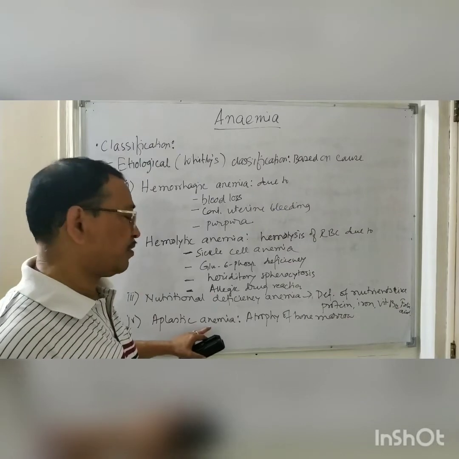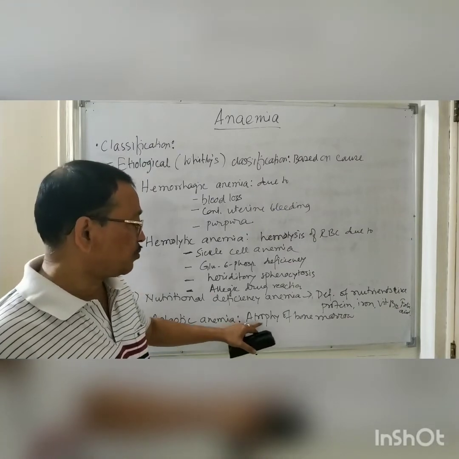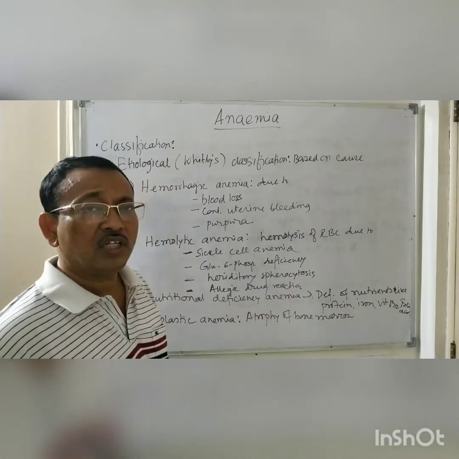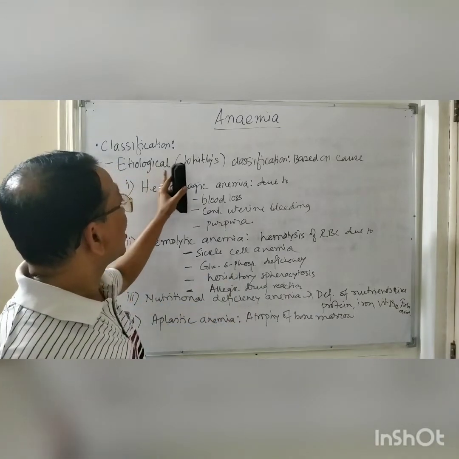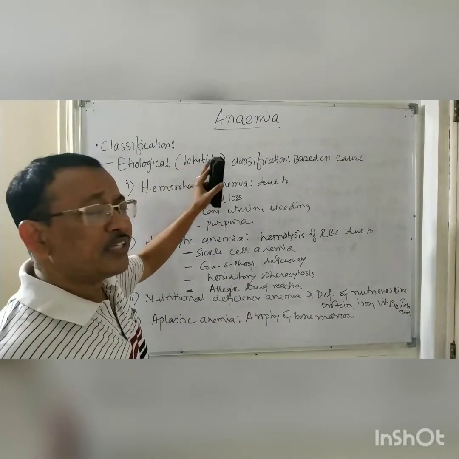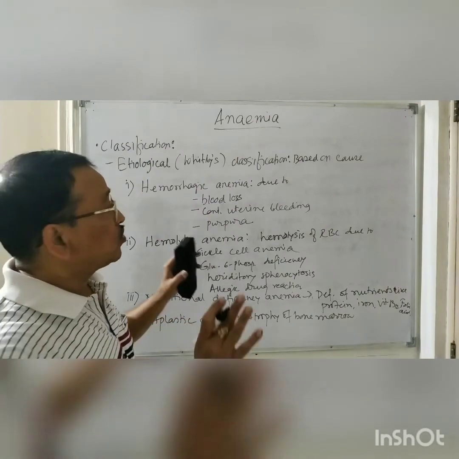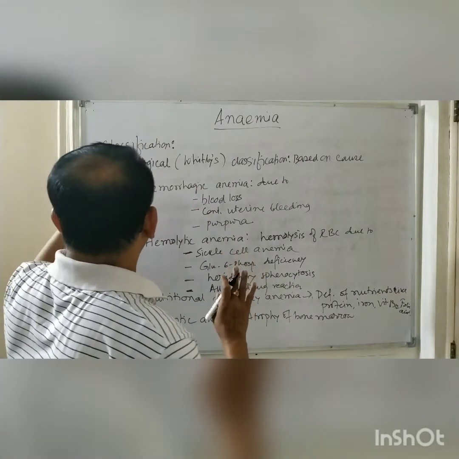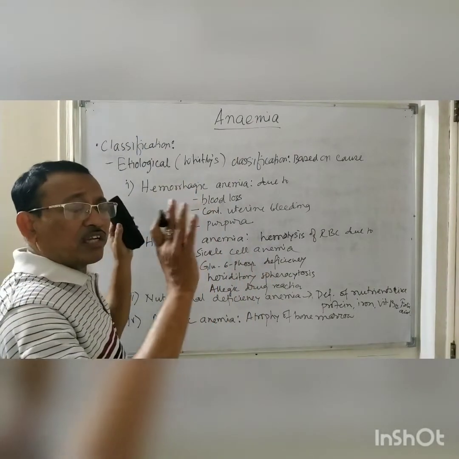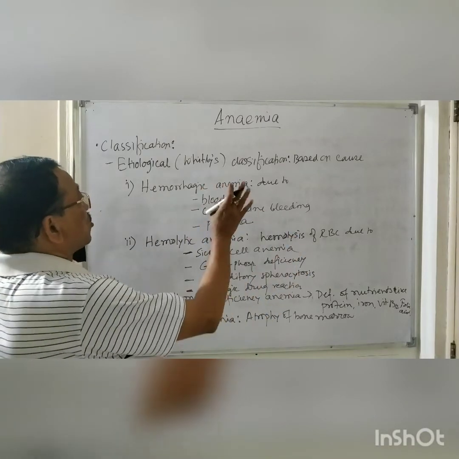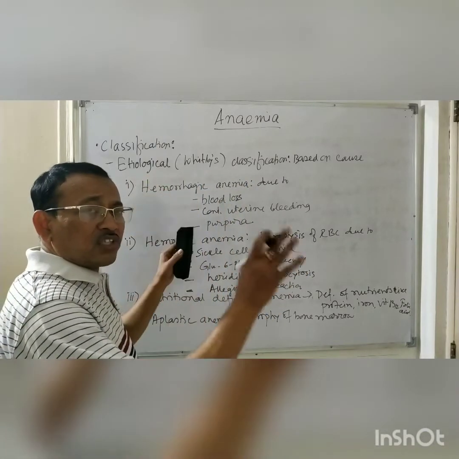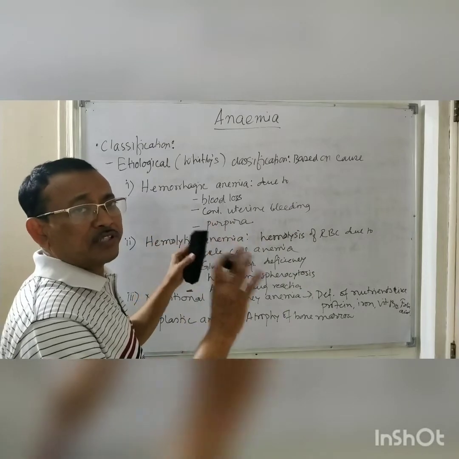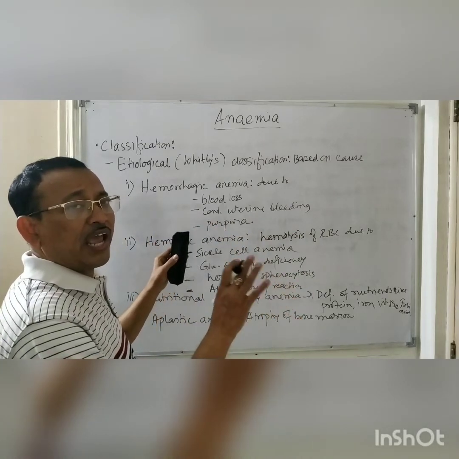Aplastic anemia takes place because of the atrophy of the bone marrow. So this is about the etiological classification or Whitby's classification. So this is about the classifications or types of anemia, which is based on morphology and also the causative agents, the reason of the anemia.